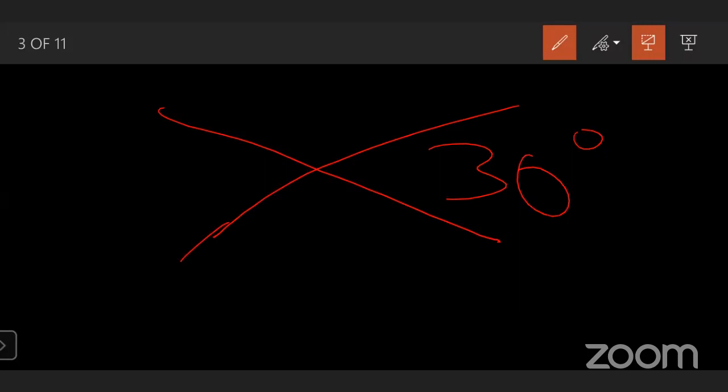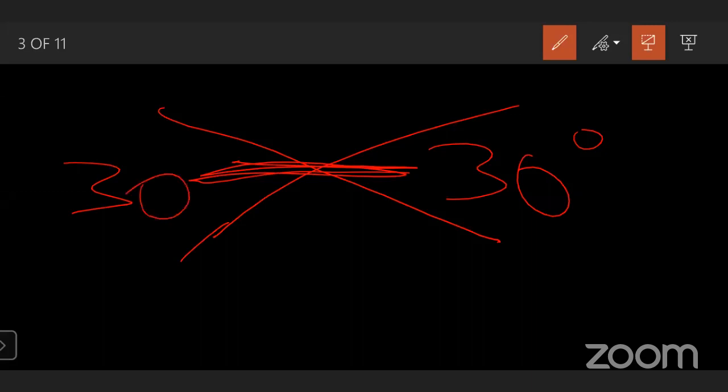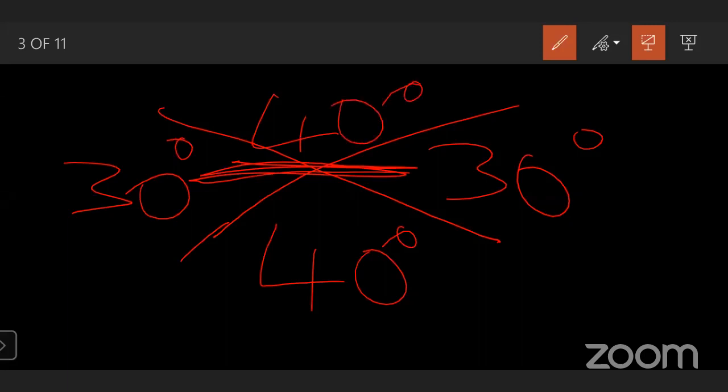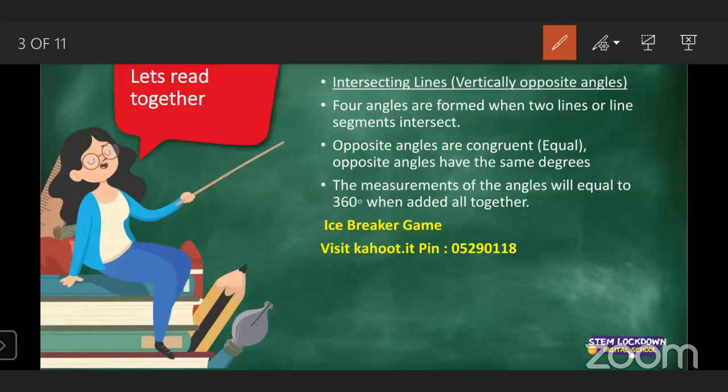Because it's vertically opposite to this side, this side is also 30 degrees. And let's say this side is 40 degrees, so this side is 40 degrees again. Opposite angles have the same degree. So if the first opposite angle is 10 degrees, the other one definitely must be 10 degrees.